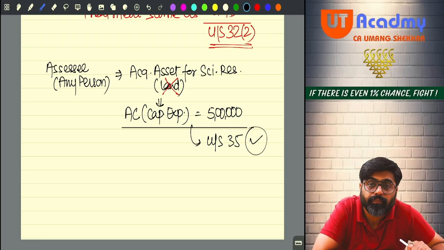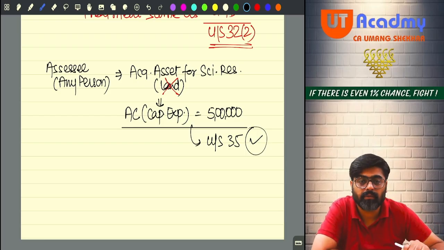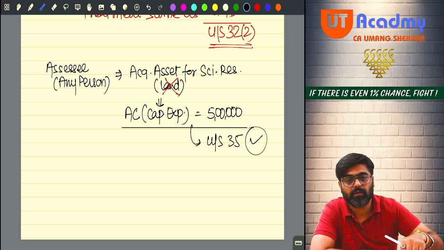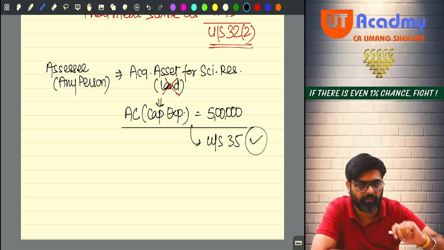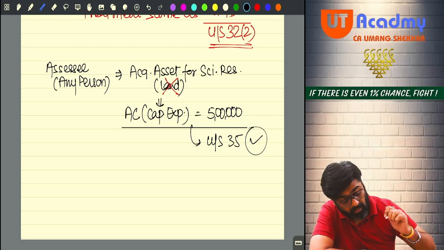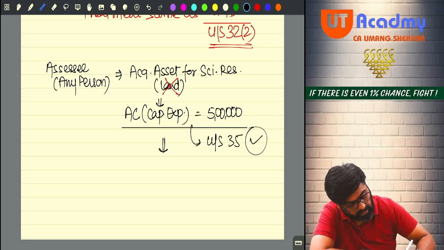Possible? When did you take the deduction? You took the deduction in this year. For example, in this year, you claimed the deduction of 5 lakhs. Now what happens later on?